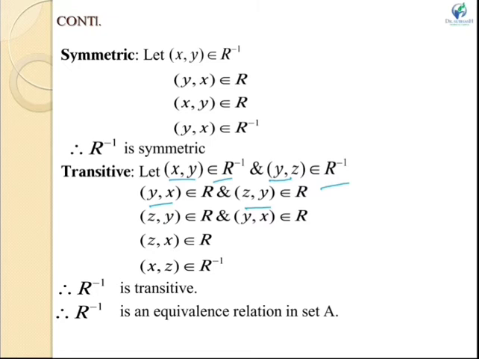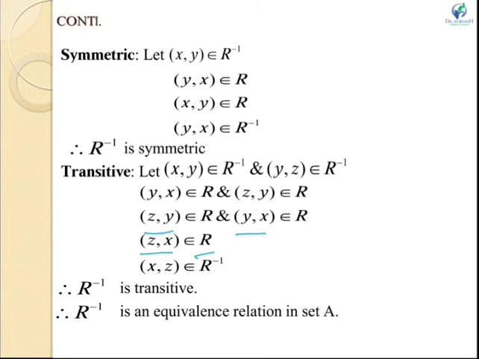So (z,y) must belong to R and (y,x) must be in R. So here R is an equivalence relation, so (z,y) is in R and (y,x) is in R, so (z,x) must be in R by the property of transitivity.